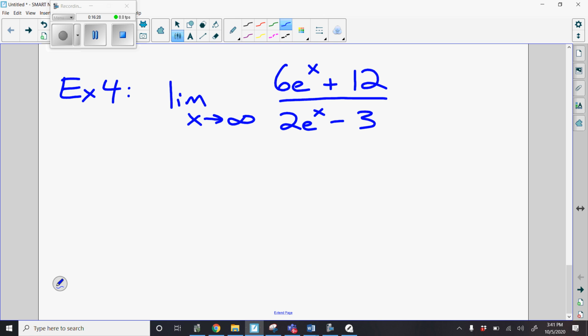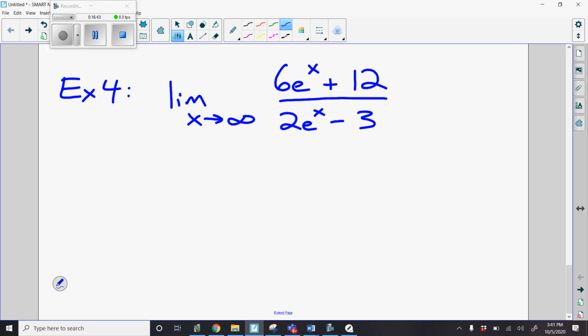Okay. So here, when we take a look at this one, limit as x goes to infinity, right? I think about powers. Well, the biggest power is e to the x in the top. The biggest power in the bottom is also e to the x. So they're the same power.